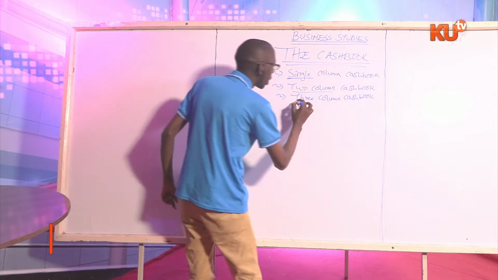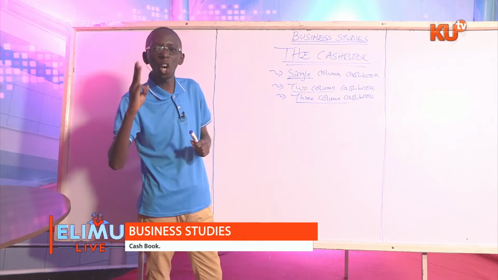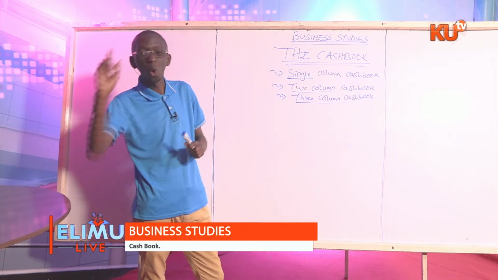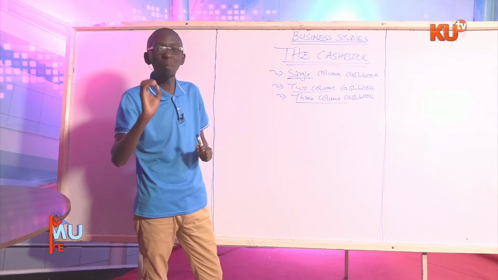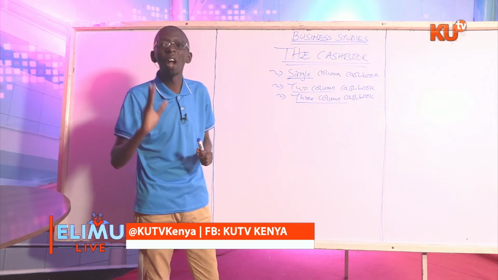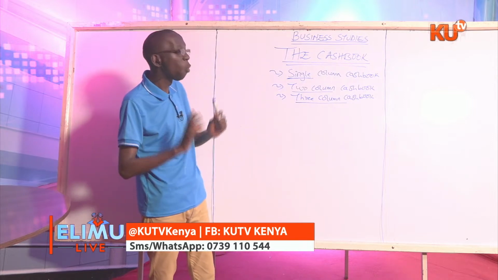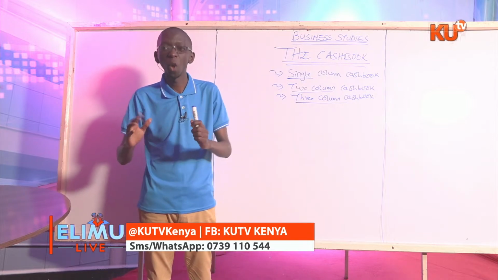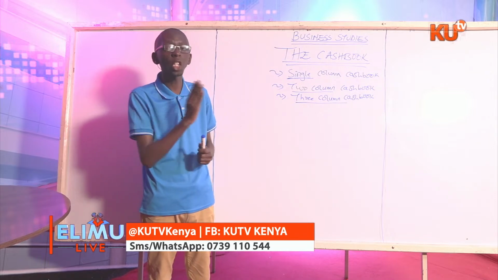Then we have the three column cash book, which has three columns of amounts. One column of amount is the discount, the other column of amount is the cash, and the other column of amount is the bank. Now, what information or what transactions are recorded in the cash book?